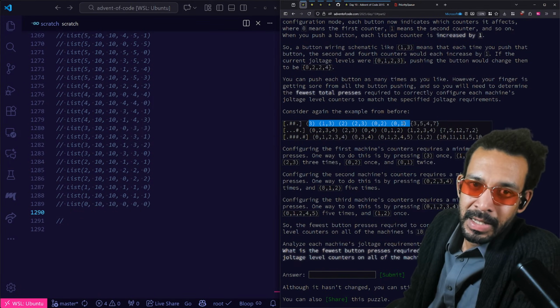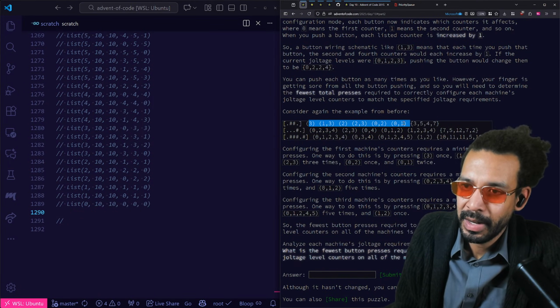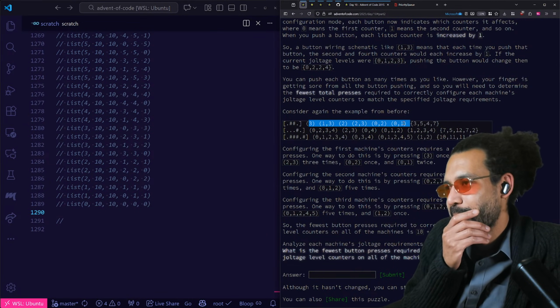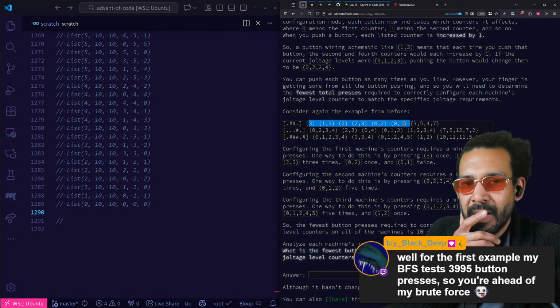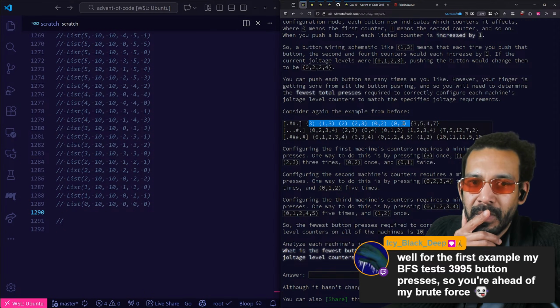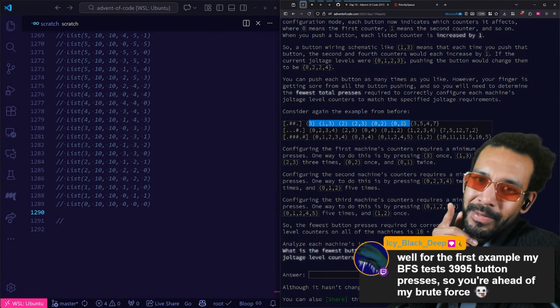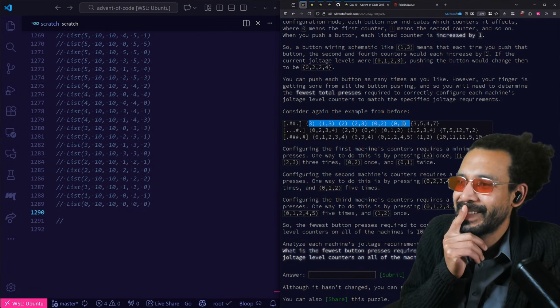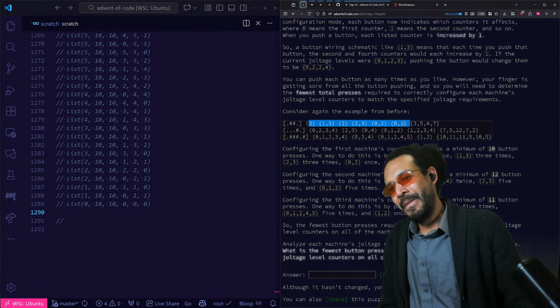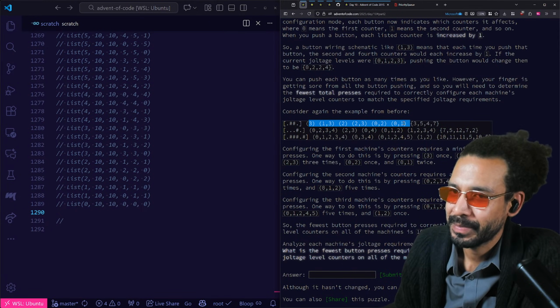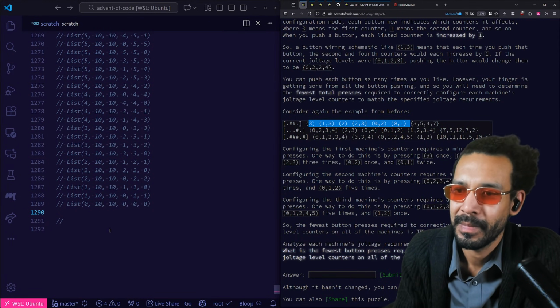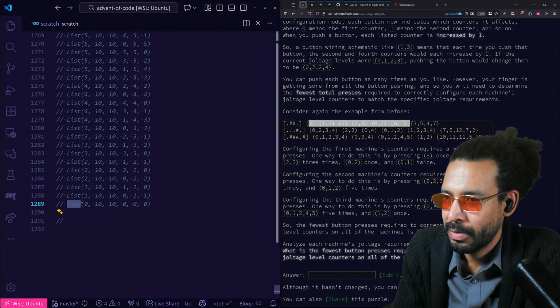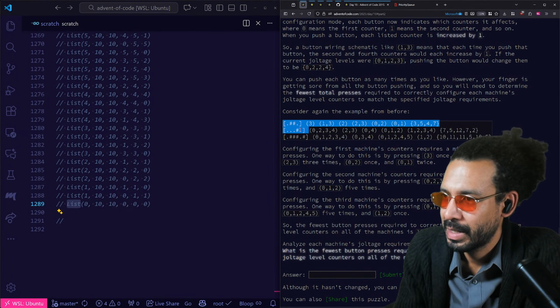What if we generate all valid states for X presses starting from 1? For the first example, the BFS test 39905 button presses. But this is for all three of these.